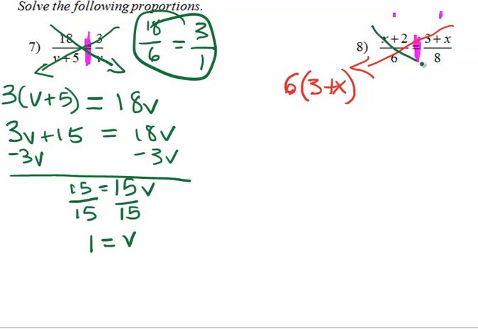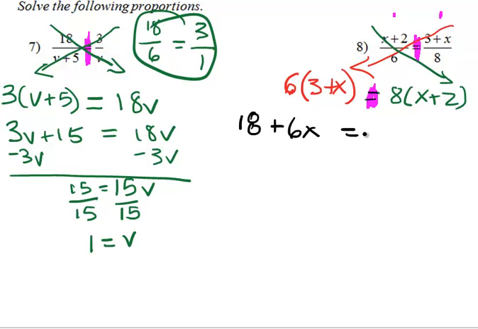And on this side, I'll have 8 times x plus 2. And again, I have that equal sign in there, and that will make everything possible. So now we're going to distribute. So I have 18 plus 6x equals 8x plus 16.